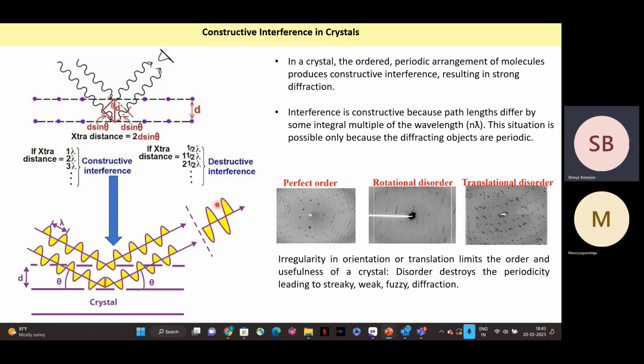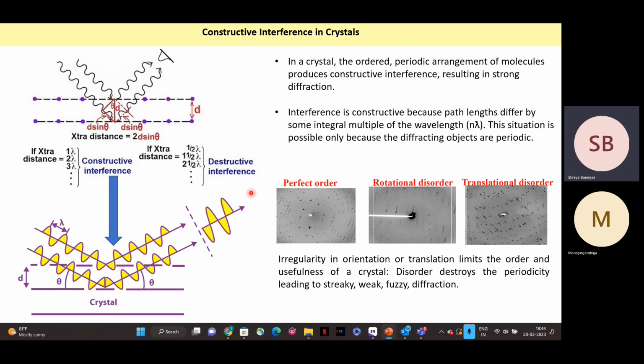And so when you get your final diffraction pattern, the amplitude will be twice, because the amplitudes of the two X-rays are at the same place and the troughs are also at the same place, so your net amplitude will be twice that of either of these X-rays. So this is called constructive interference, and it can only happen when this extra 2d sine theta distance is an integral multiple of the wavelength of the X-ray.